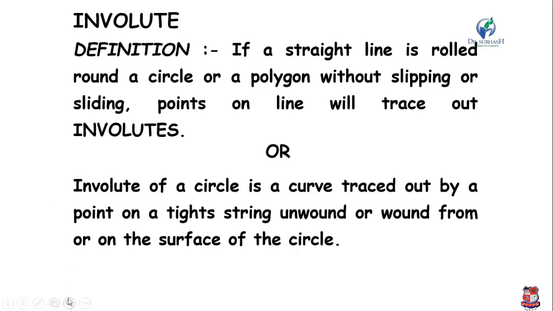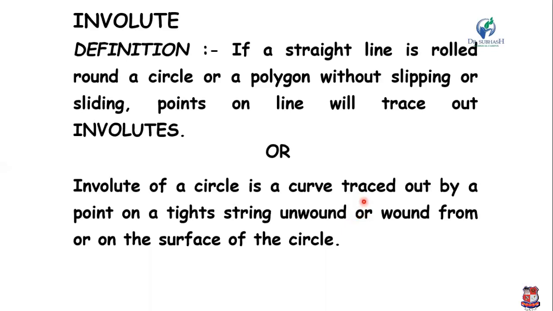Or in other words, if you wind or unwind any string or thread on the circle by keeping that string tight, the end point of that string traces out the involute. We can say the path of the end point during the winding and unwinding of the string on the circle is known as an involute.